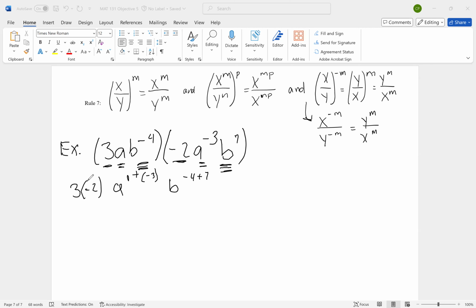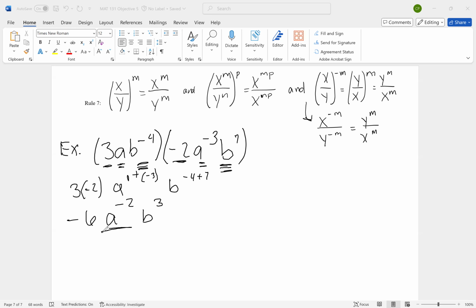Okay? So when we simplify a little further, the 3 times the -2 is going to be -6. The a to the 1 plus -3 is going to be a to the -2. And the b to the -4 plus 7 is going to be b to the 3rd.